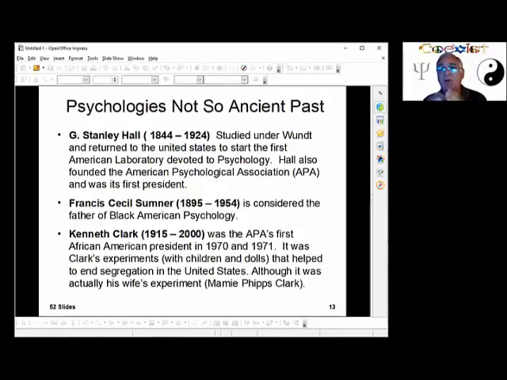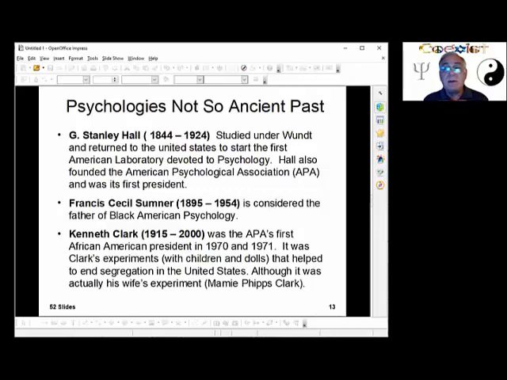So coming closer to the present, we have 1844 to 1924. Actually, that's right in the same time frame. G. Stanley Hall, he studied under Wundt, and he returned to the United States. He was from the United States. He returned to the United States, and he started the very first laboratory devoted to psychology in the United States.